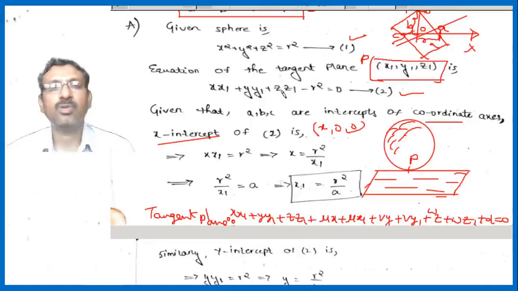We don't substitute in place of constants; we substitute in place of x, y, z. x is x, y is 0 and z is also 0. So we get x x1 plus 0 plus 0 minus r square equal to 0, which implies x x1 equals r square, so x equals r square by x1.